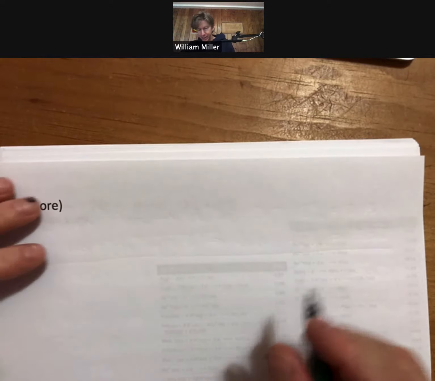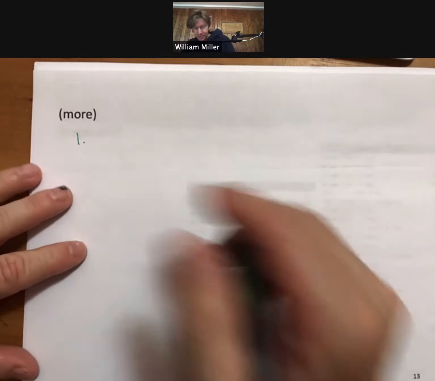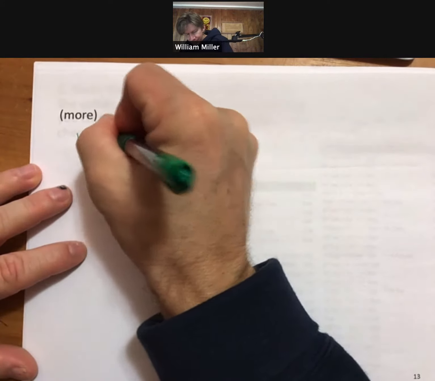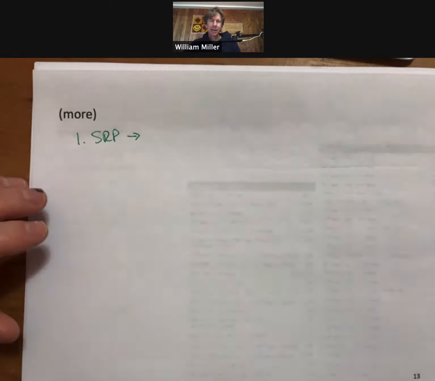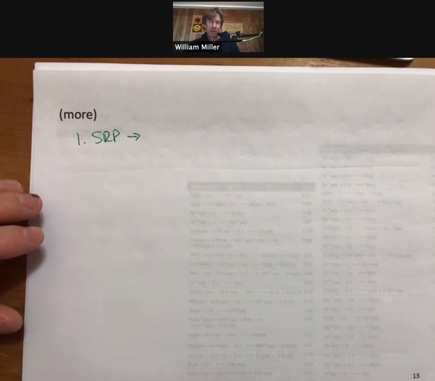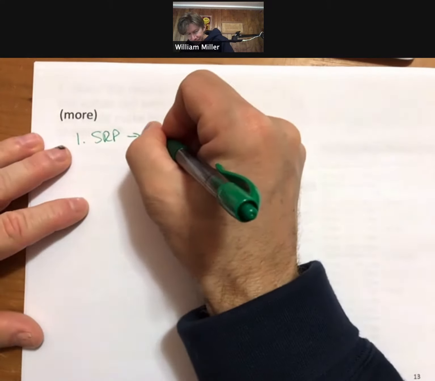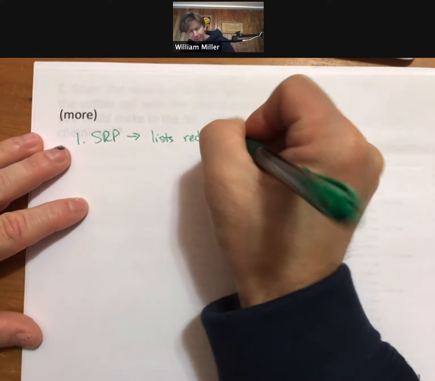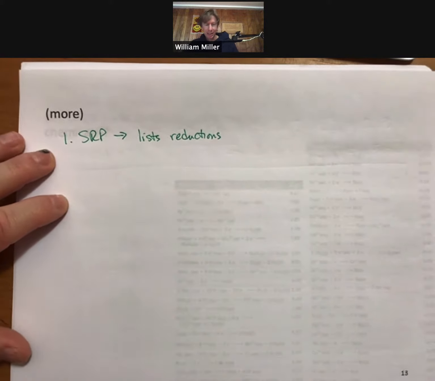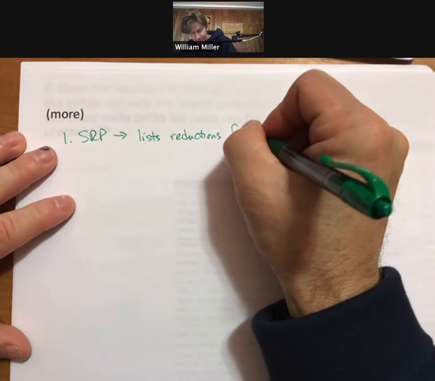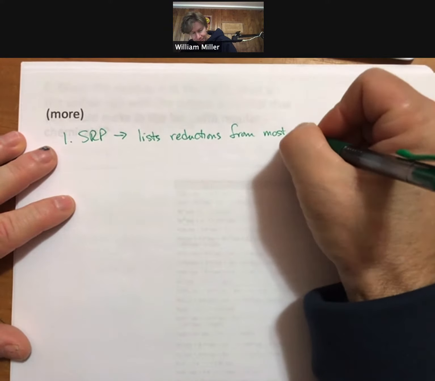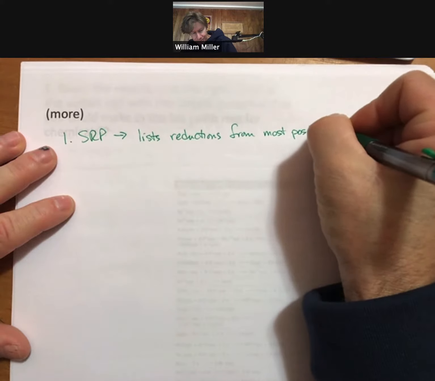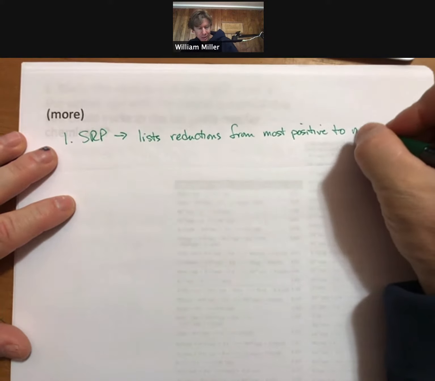Now, some notes. One, that SRP table typically lists half reactions, or lists reductions, from most positive to most negative.